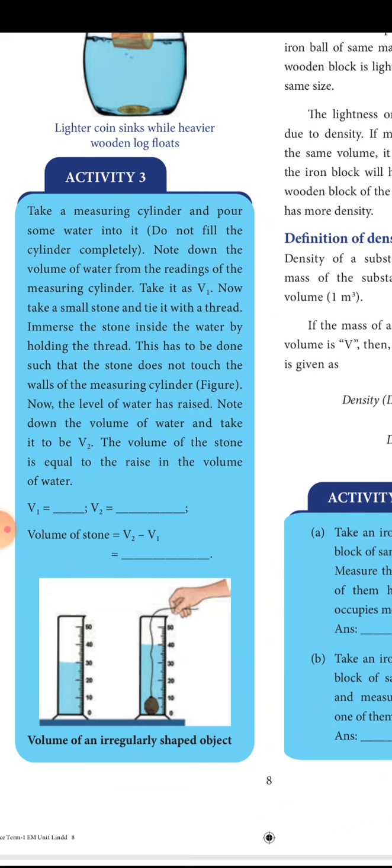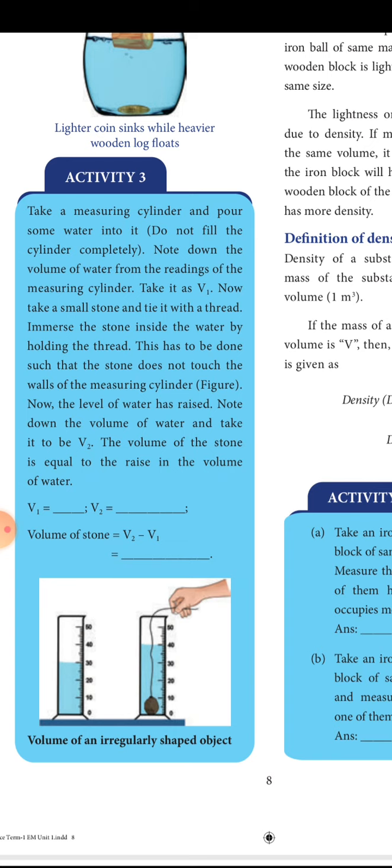Then you can see that the level of the water is raised. The difference between the first level before immersing the stone and after immersing the stone, the level difference you have to note down. That gives the volume of an irregular object. In this way we find the volume of an irregular object.